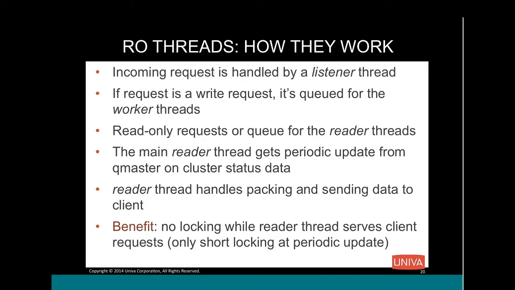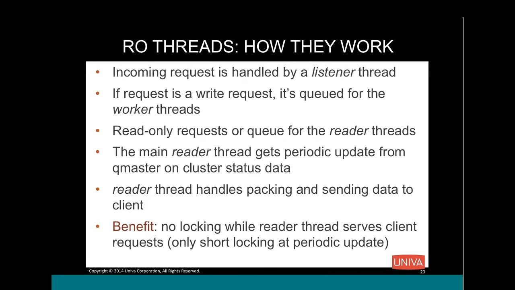The main reader thread gets periodic updates from the qmaster on the cluster status data. So that data I mentioned on the previous slide that needed to be locked, that prevented the dispatch, that's the data that the pool of reader threads is getting a periodic update on.